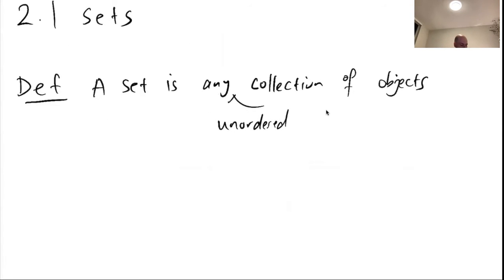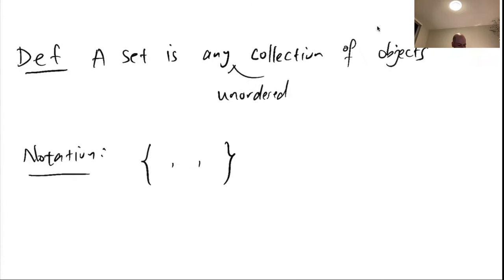And the notation is basically this notation, and we put the elements inside this notation, curly brackets, right? And these are going to be called the elements of a set.